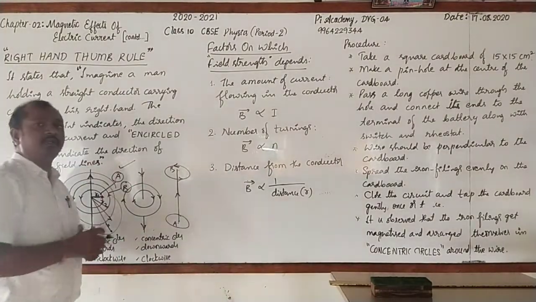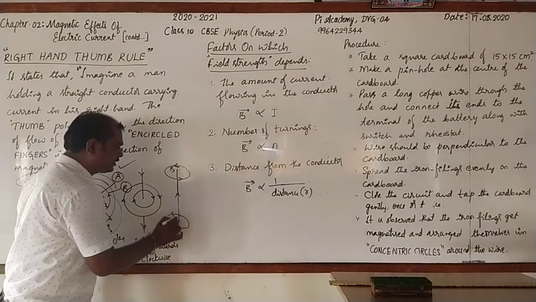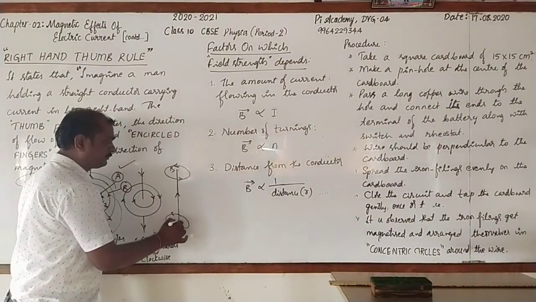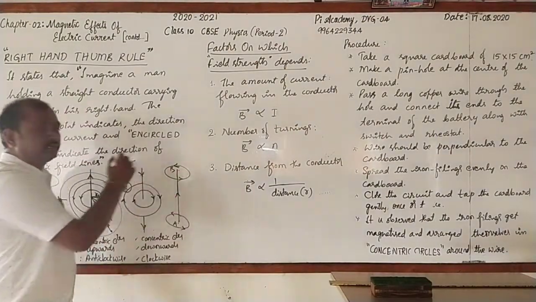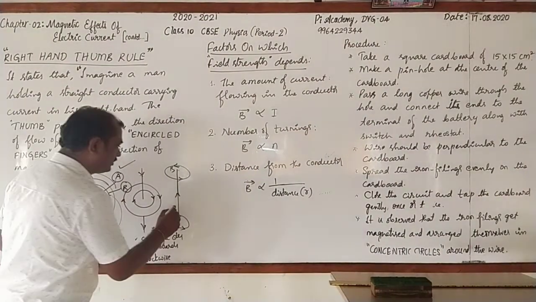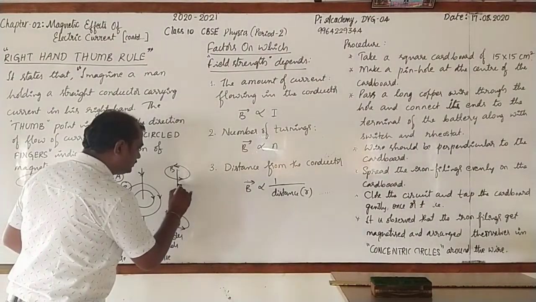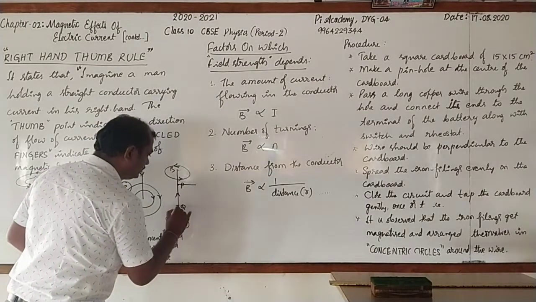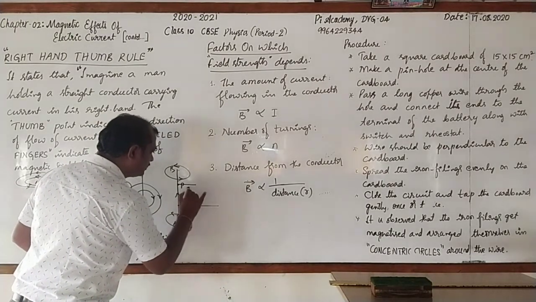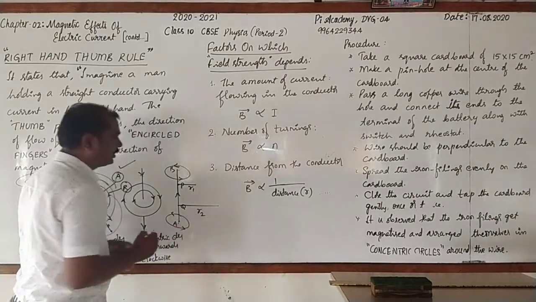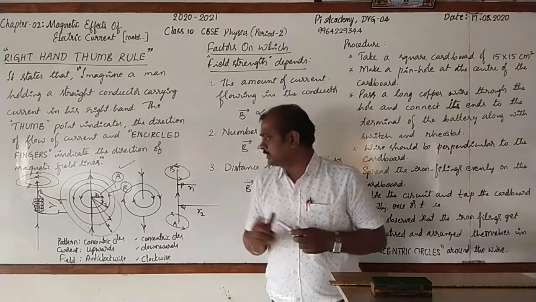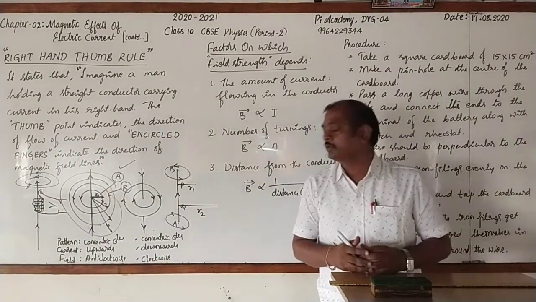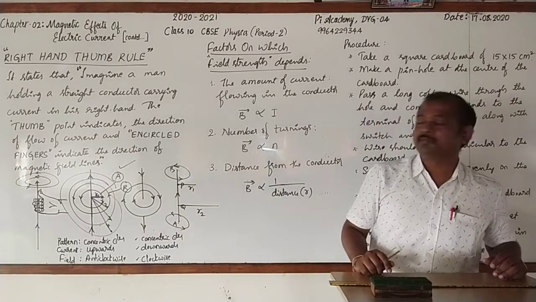What about at point A? There also it is same because current is flowing from A to B. Now observe. I'll go for taking this as P, this as Q. I'm giving the radii. This is R1 and R2. At which point, that is P and Q, field strength is maximum?